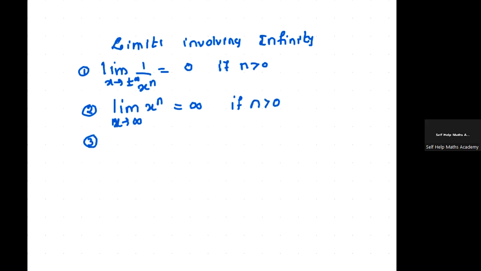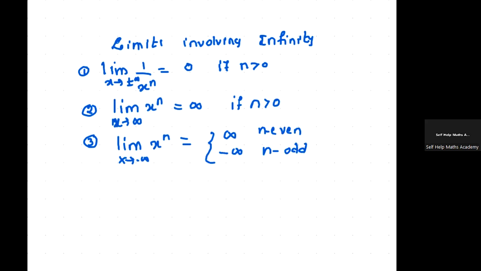Then similarly, we have the limit as x is tending to negative infinity. This value is positive infinity if n is even, and it is negative infinity if n is odd. So depending on the n value, whether it is odd or even, we have positive and negative infinity.